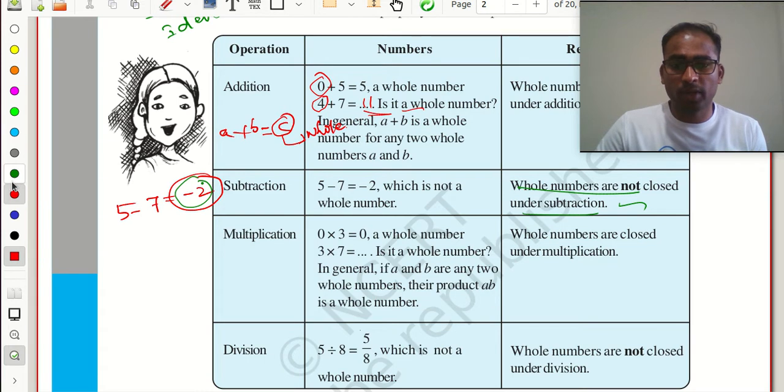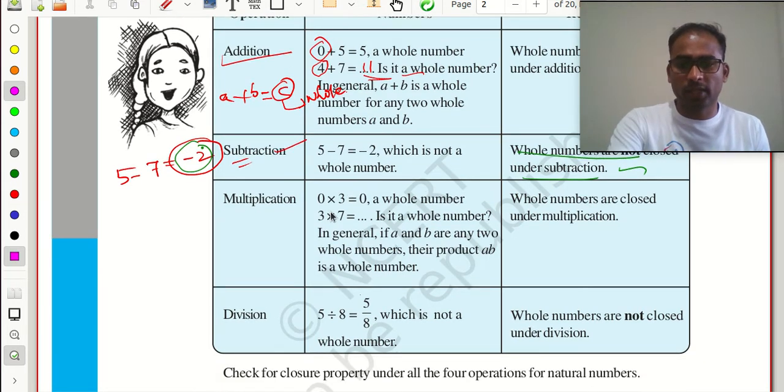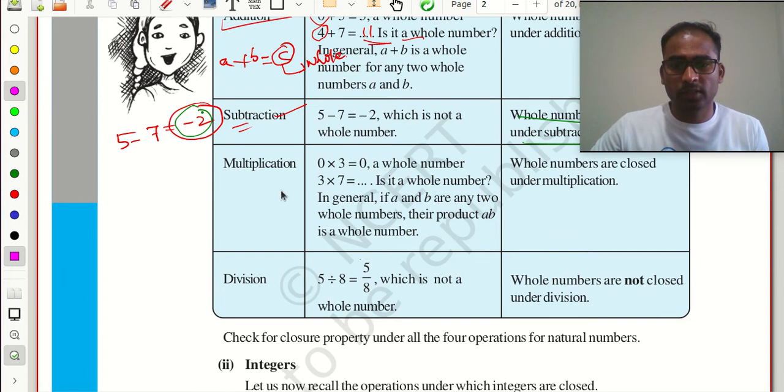Understood why subtraction is not closed for whole numbers? Next we will go for natural numbers. Now addition and subtraction is understood? Yes. Then we will go for multiplication.